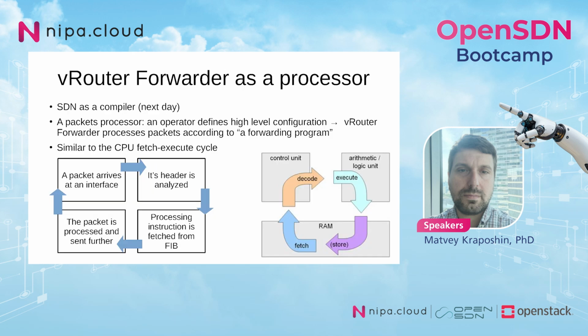But also, the vRouter forwarder can be regarded as a program processor. If you had a basic computer science course about CPUs and how a CPU works, you know about the fetch and execute cycle: we fetch an instruction from memory, we decode this instruction, we execute this instruction, and we store the result of the instruction or command back into memory.